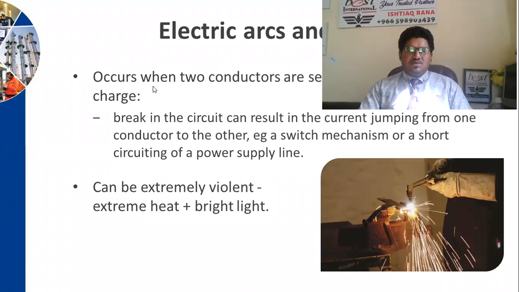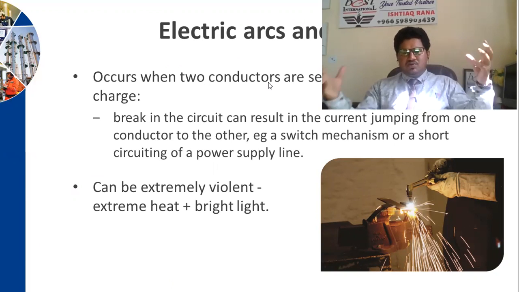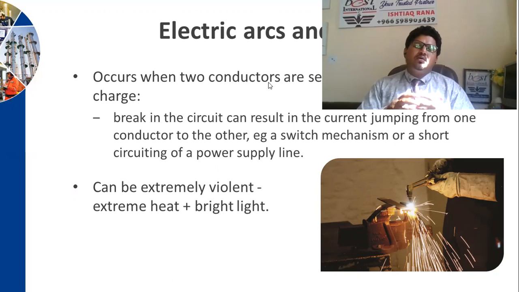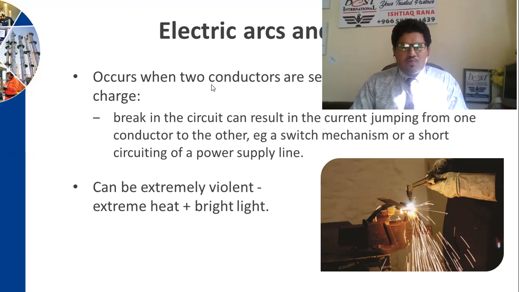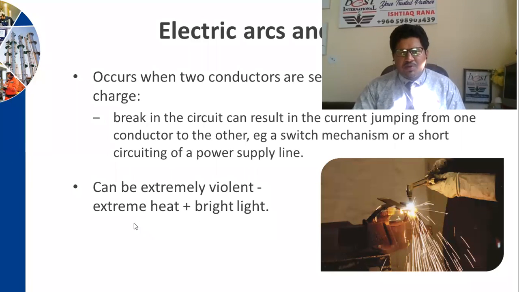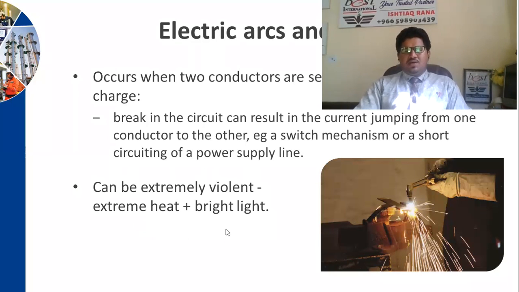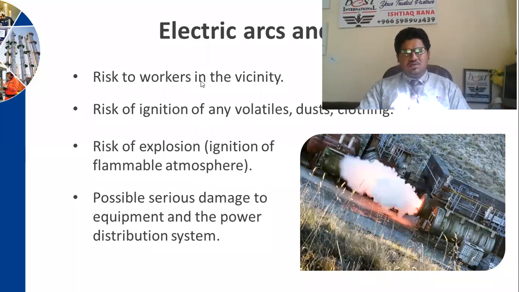Electric arcs and sparks occur when two conductors are separated. Sometimes loose nuts on the breakers or loose connections are there. Because of this spark, a sudden blast could also occur, and this arc flash or spark would be extremely violent, because extreme heat plus bright light would be there, and it is very dangerous.